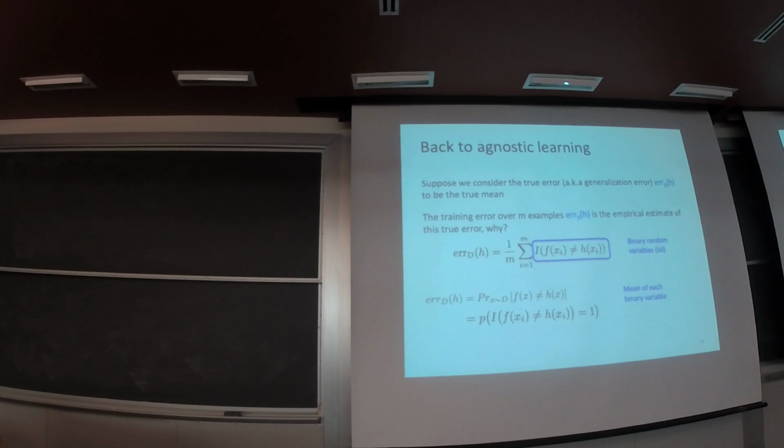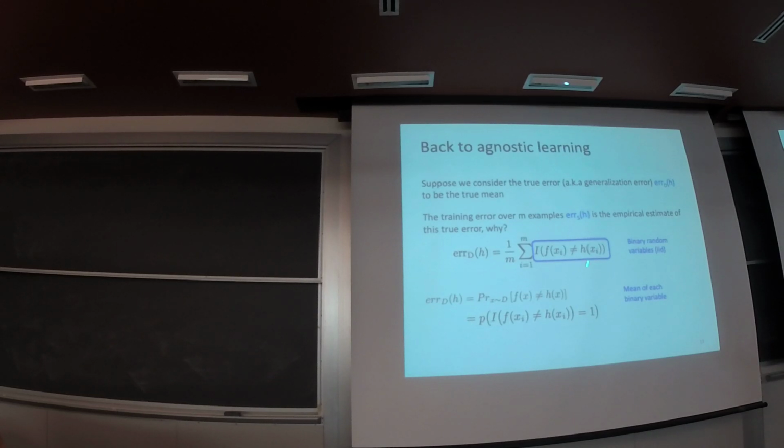Now let us think of the definition of the training error again. The definition of training error is the number of wrong predictions on the training set over the total number of training examples. If you write down this definition in a mathematical way, it is 1 over m, where m is the number of training examples, multiplied with a summation over all the training examples, and each summand is just a binary indicator.